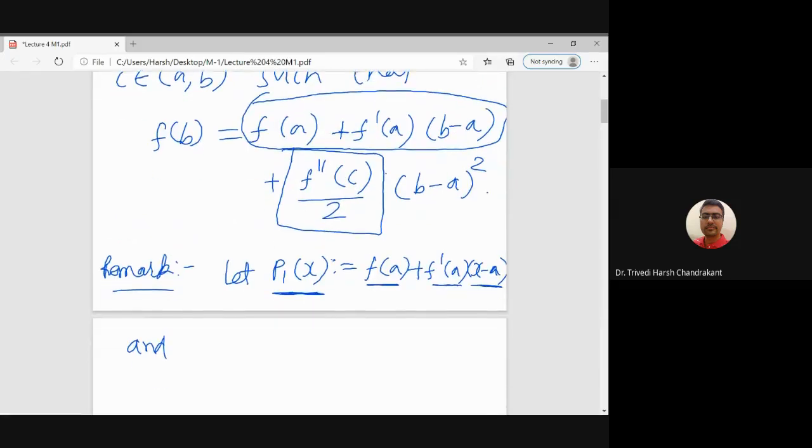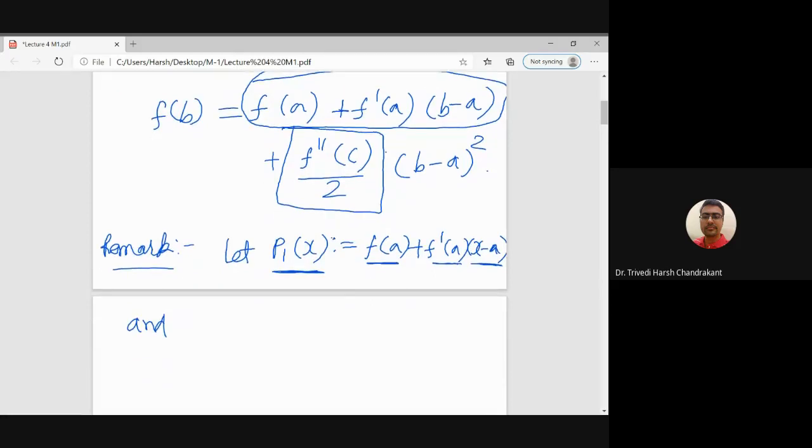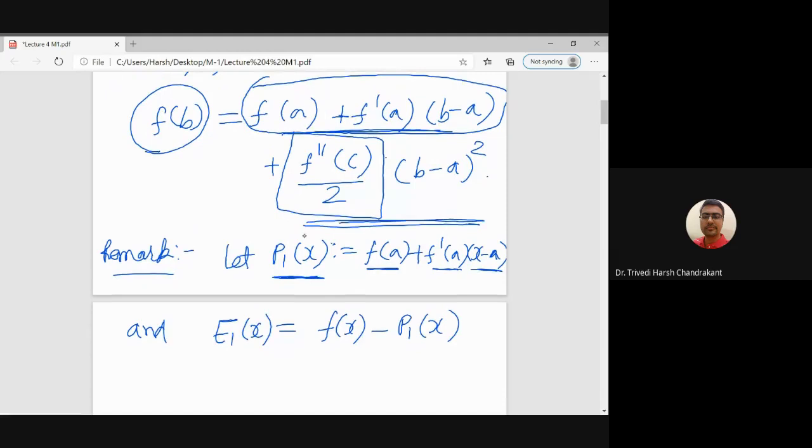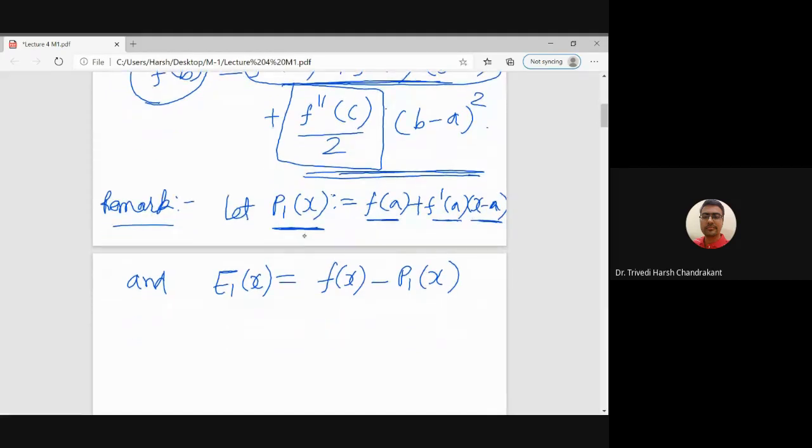And the extra that we get is this term, which we will write as an error. So the error is e1 of x, which is nothing but f of x minus this polynomial. Basically we are approximating the function f of x by a degree one polynomial, and what remains we call the function e1 of x.